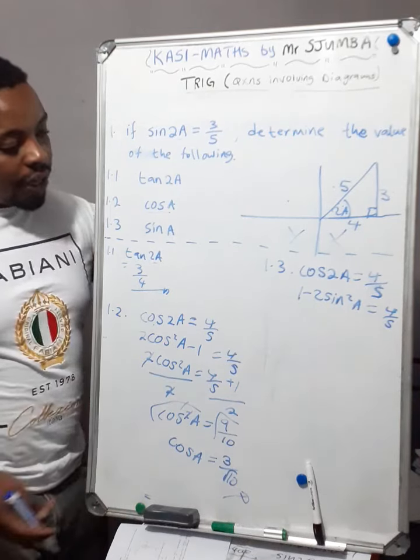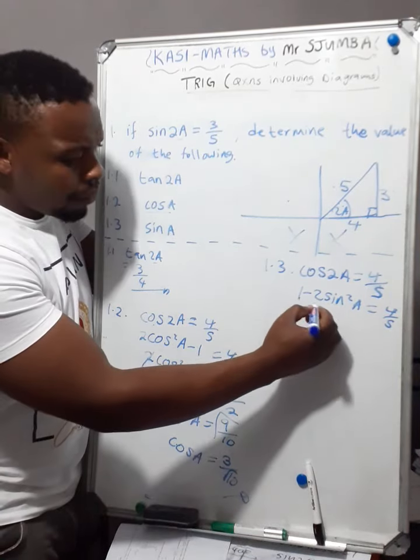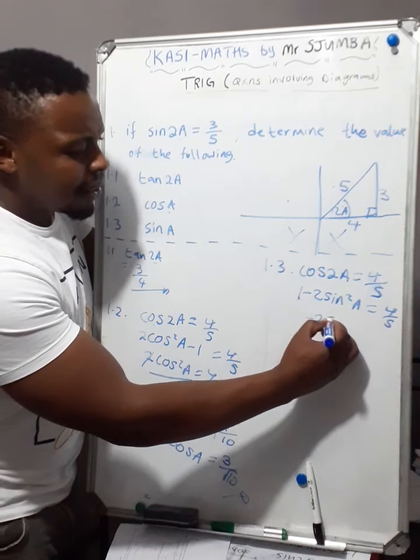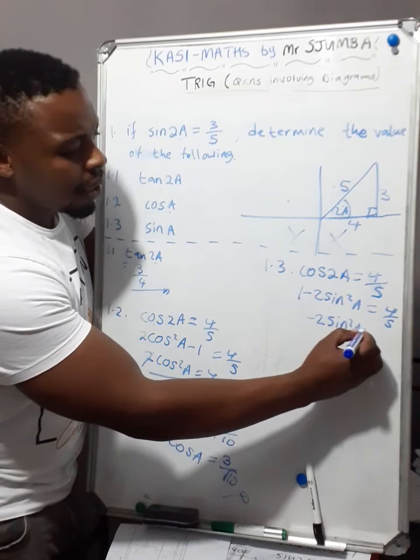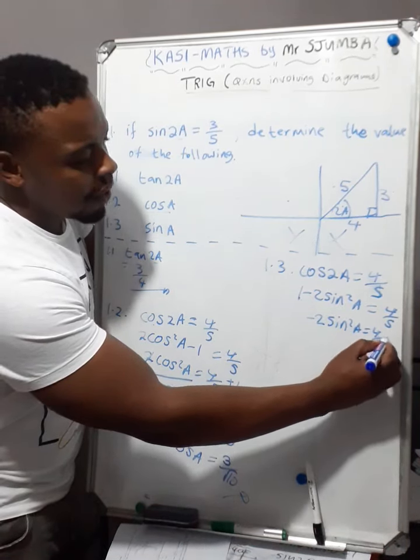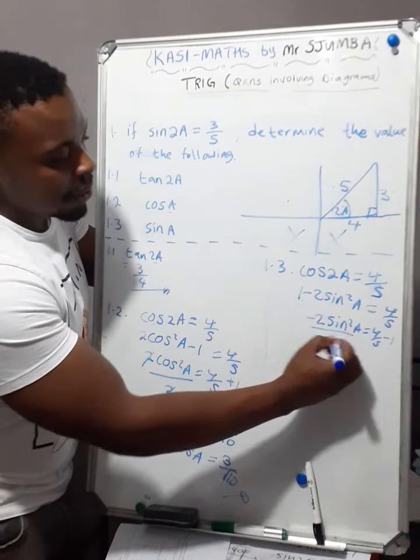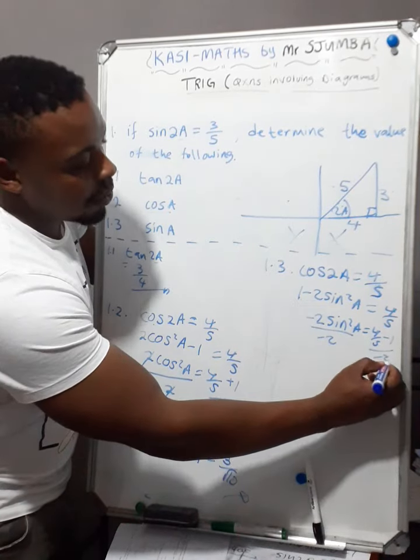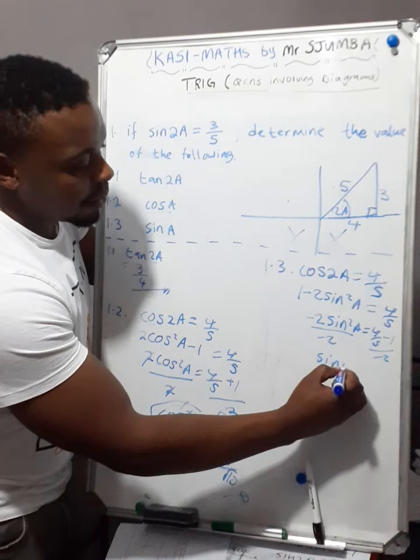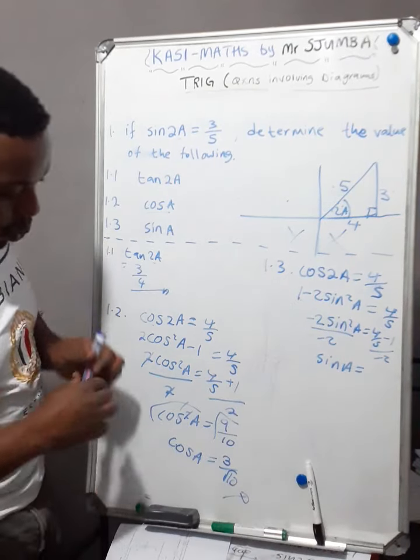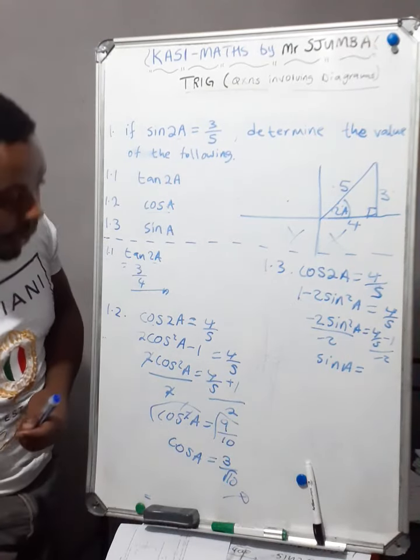So kumele solve ke lana, sathu 1 jumpa ngale, sale no 2 sine squared A equals to 4/5 minus 1. Divide ngo minus 2, divide ngo minus 2 ke sale no sine squared A equals to, right?